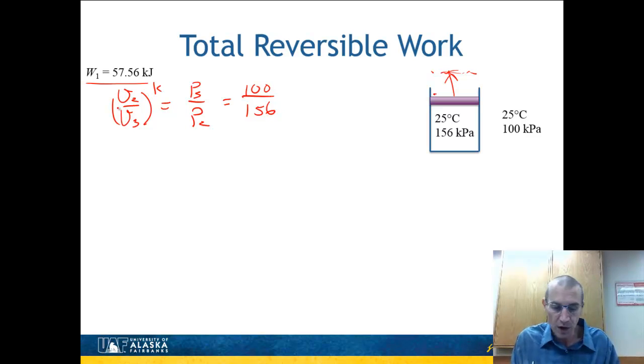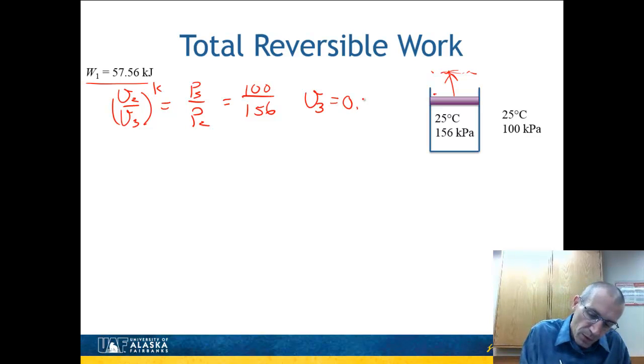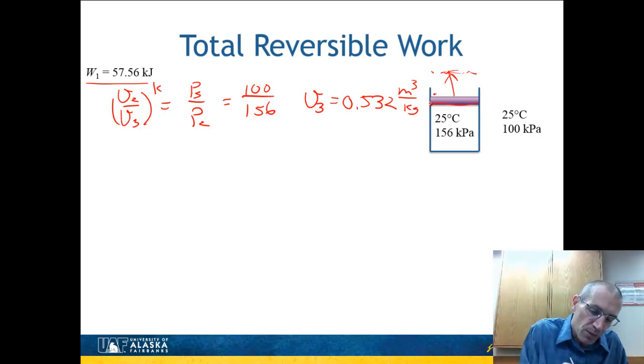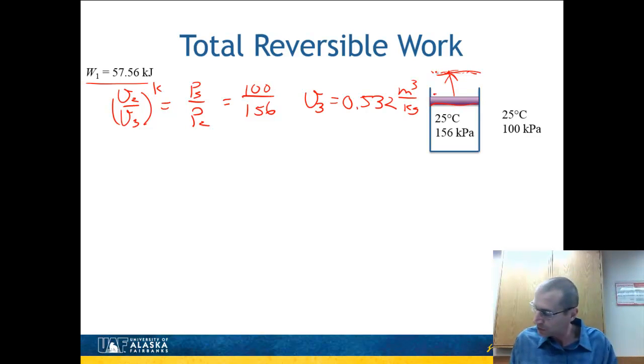So I can now solve for what my volume is going to be when I'm done with that expansion. And V3 is going to be 0.532 meters cubed per kilogram. We have 1 kilogram, so it's actually 0.532 cubic meters as well. So now I know where it's going to go from V2 to V3. So let's get our work for this step. I'll call this W2 because this is the second step that we're doing, going from 2 to 3.